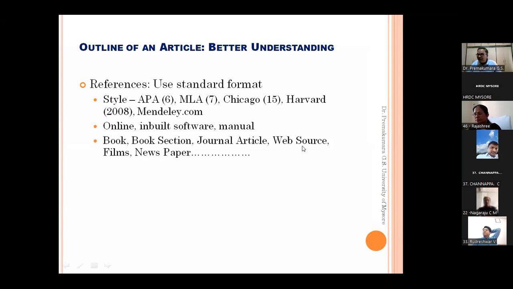A web source has a different style. Films, newspapers, for each and everything, we have different styles of giving references. So therefore, you have to follow them. If a reference is not in proper style, journals will never accept your paper. Giving references is very, very important. Even today, most people don't know how to give the reference.